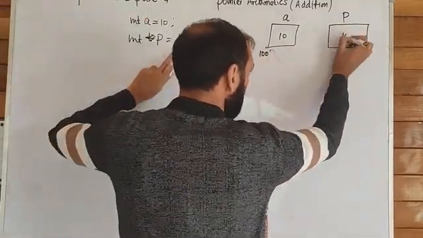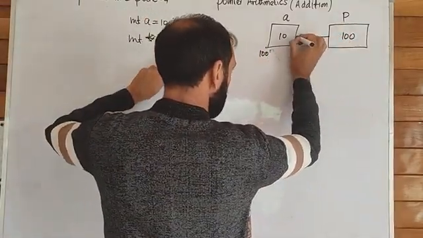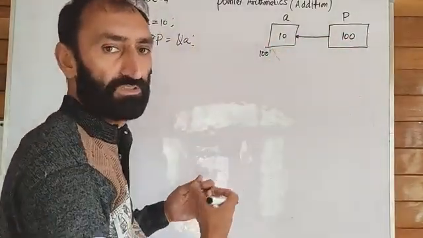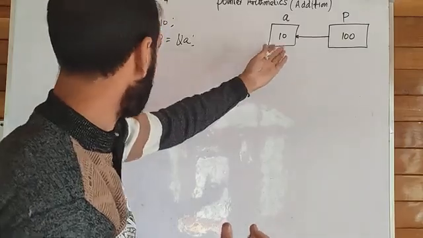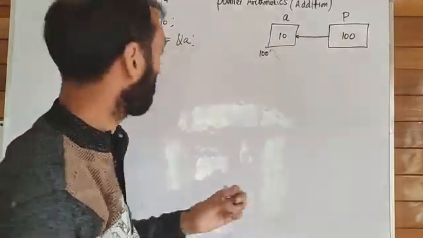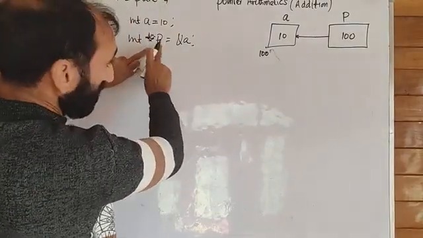In this way, p points to a. We have already discussed in previous videos how to declare and initialize pointers and what pointers are.